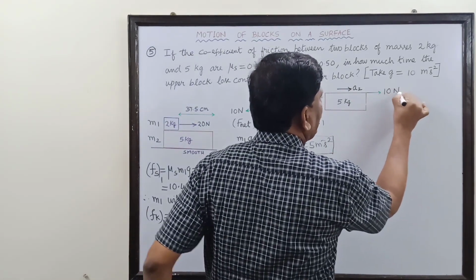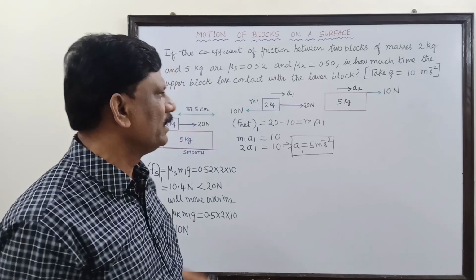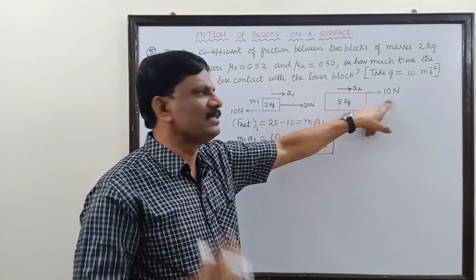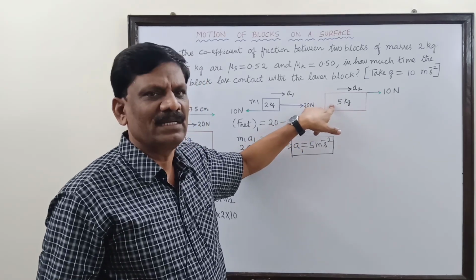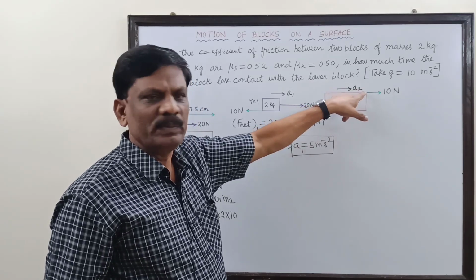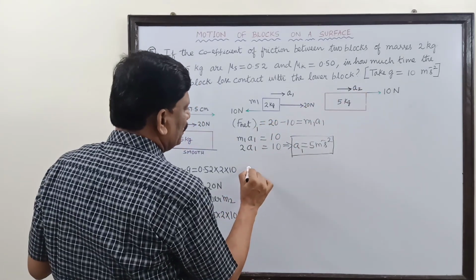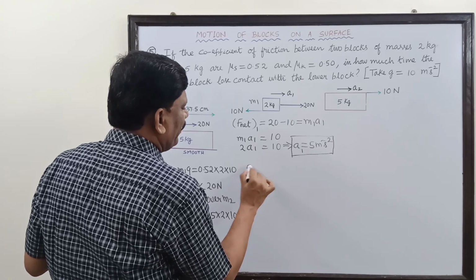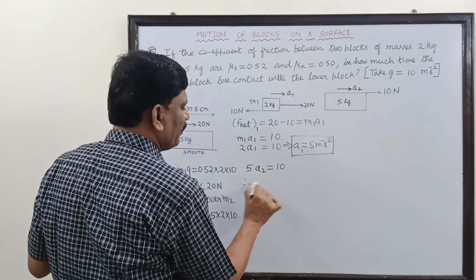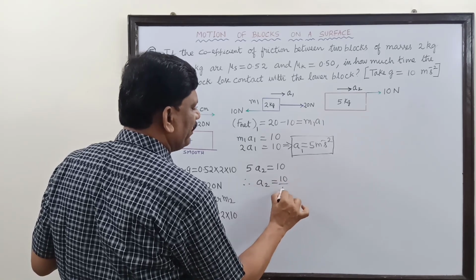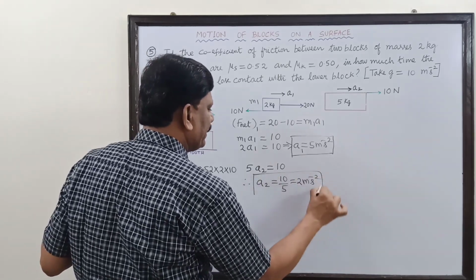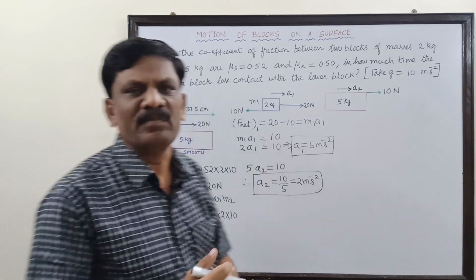This is the one and only force which is going to accelerate the second mass. Therefore, this 10 Newton must be equal to 5 into a2. Therefore, a2 is equal to 10 by 5 is equal to 2 meter per second square. This is the acceleration of the second mass.